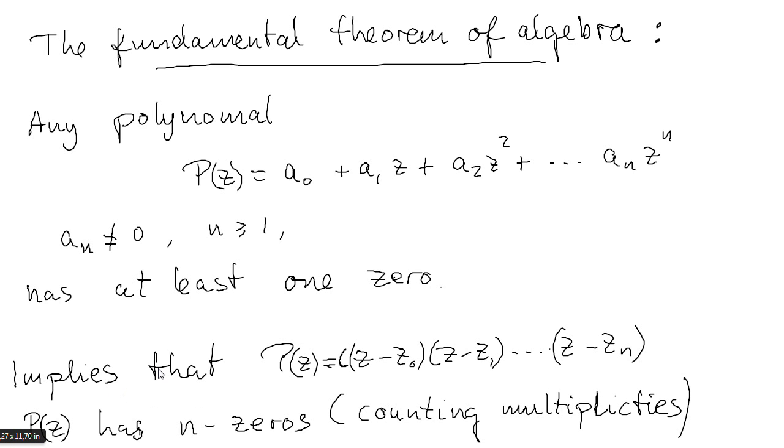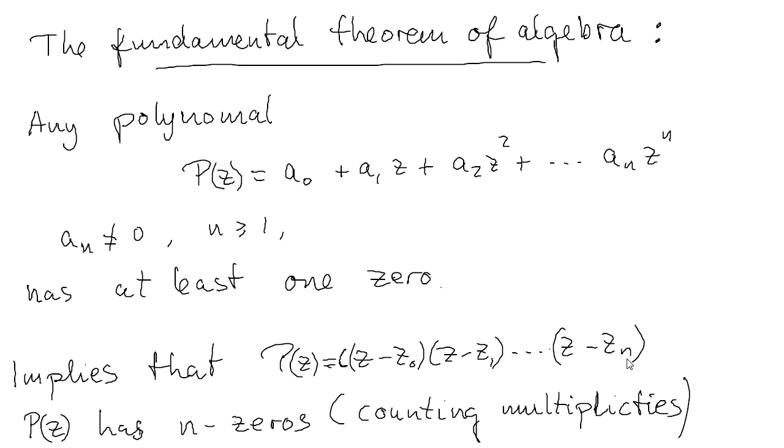This implies that any polynomial of order n can be written in the following form: p of z equal to some constant c multiplied with z minus z0, the first zero of the polynomial, z minus z1, the second zero of this polynomial, and so on to z minus zn, where zn is the nth zero of the polynomial.